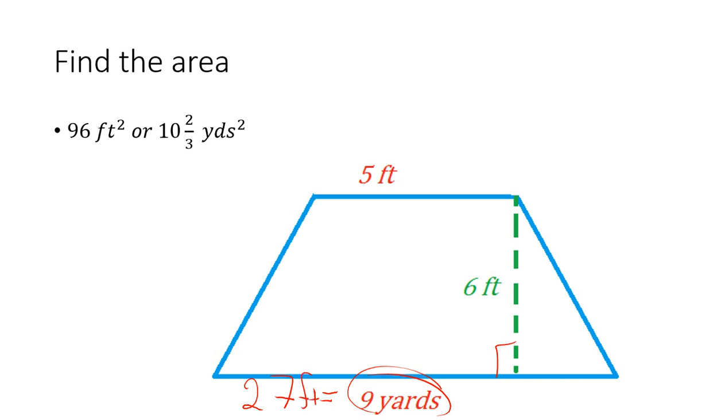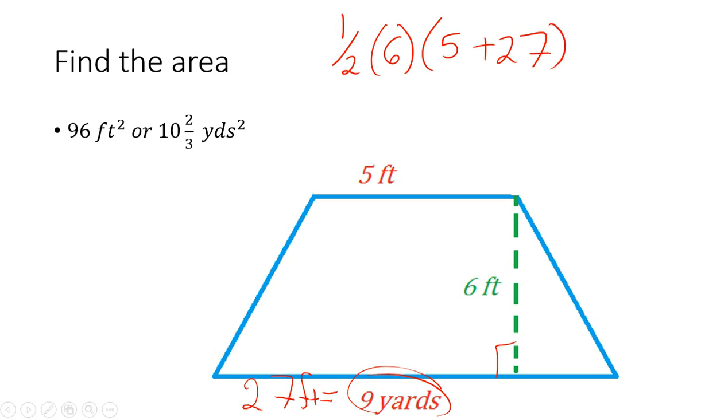I would set this up as 1/2 times 6 times (5 plus 27). 5 plus 27 is 32. So 32 times 6 times 1/2 ends up being 3 times 32, which gets us 96 feet squared as our answer.